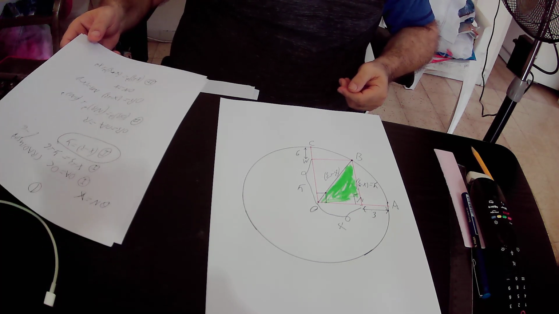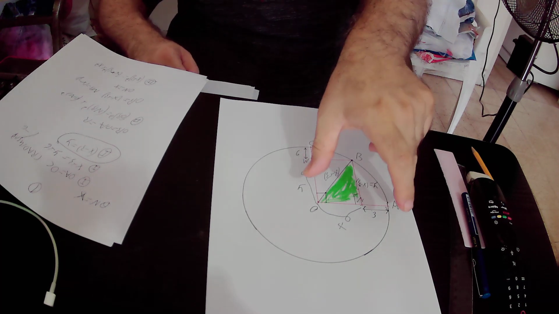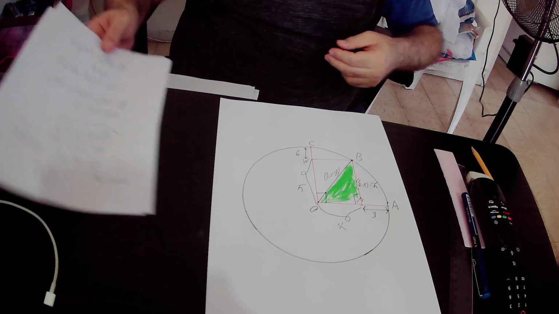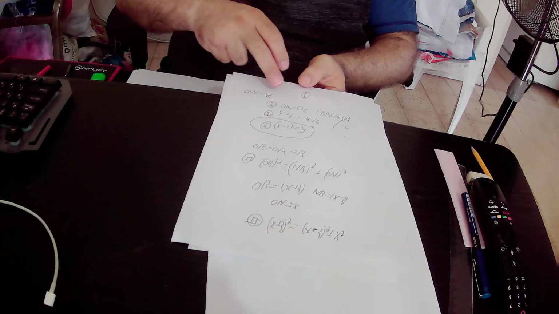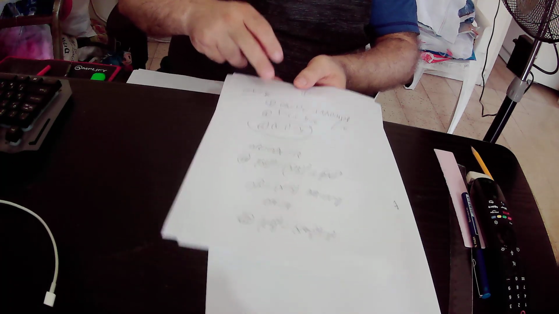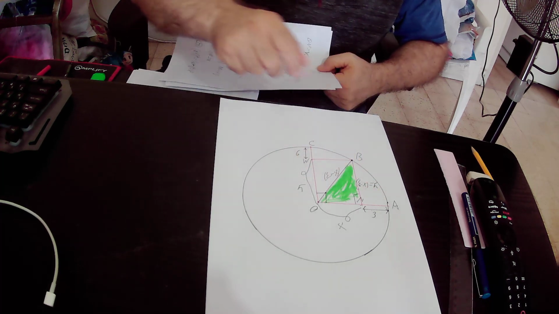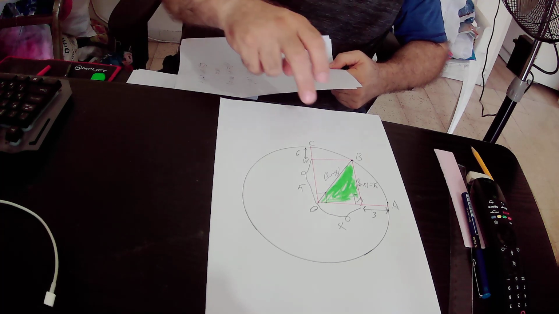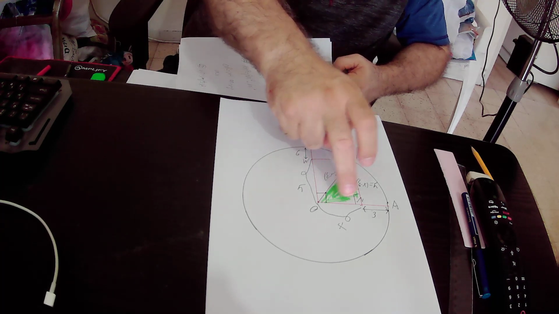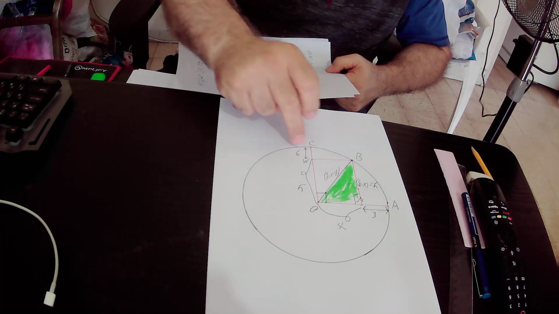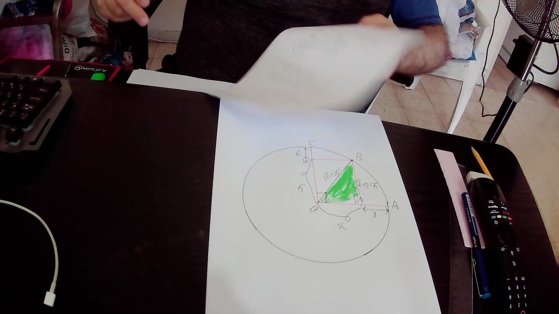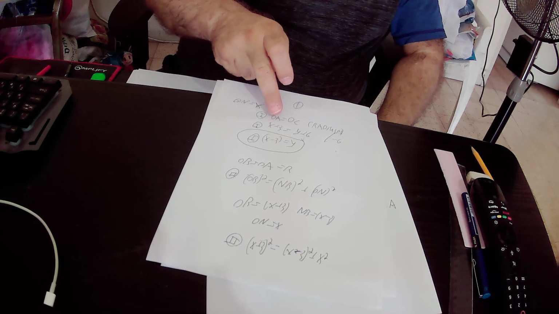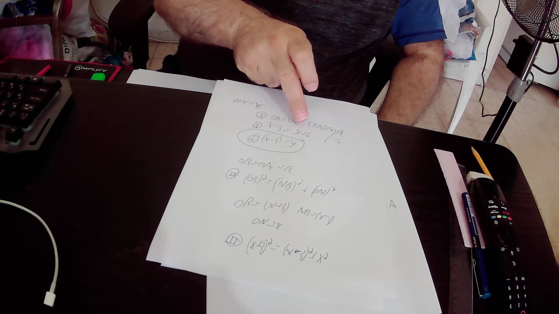But we know that OA equals OC, both of them are radii of the circle. OA equals OC because both of them are radii of the circle. But we know that OA equals x plus 3 and OC equals y plus 6, so we can substitute OA by x plus 3 and OC by y plus 6.